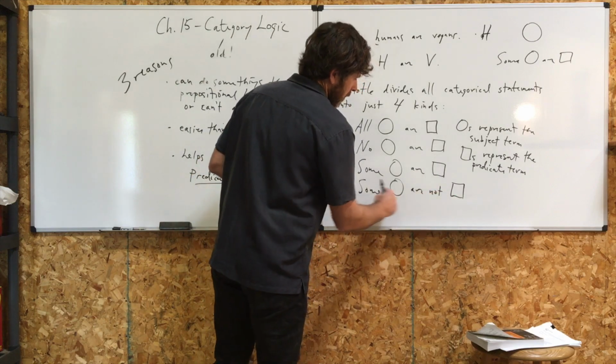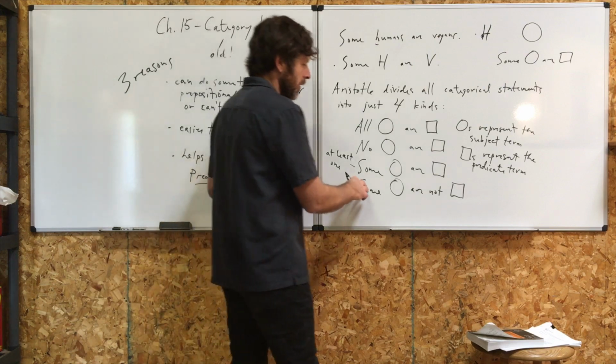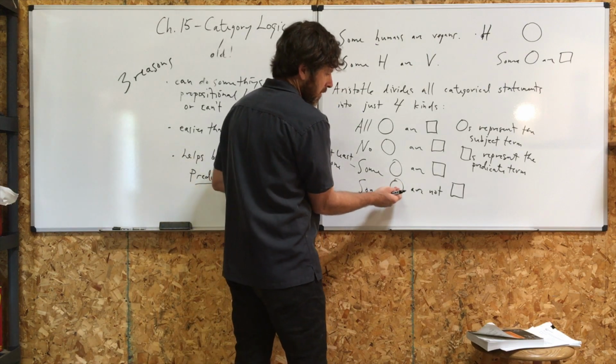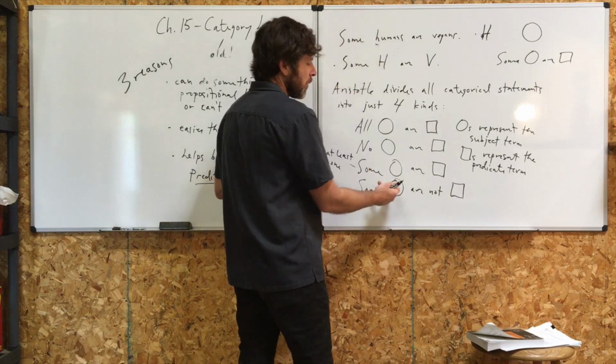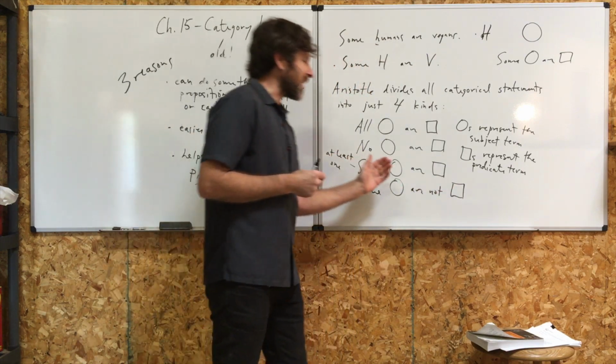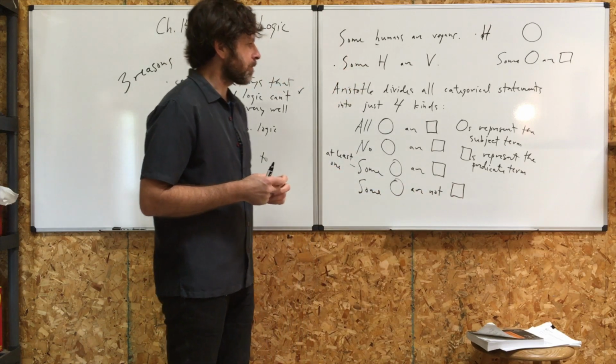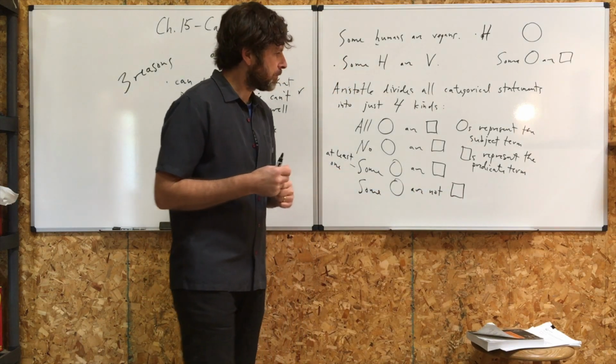The final statement here, some circles are not squares. At least one human, let's say, fill in circle, put in humans there, and then plug in vegans here. At least one human is not a vegan. At least one human is excluded from the predicate term. Does that make sense?